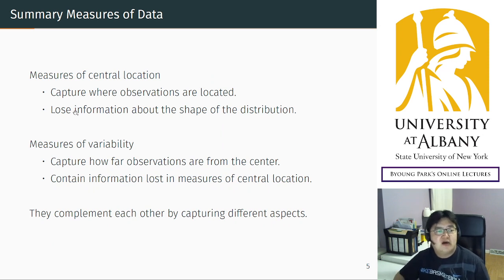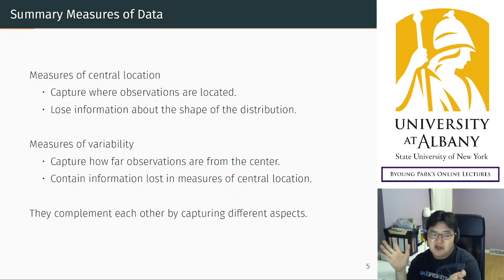So let me contrast the measures of central location and the measures of variability. So the measures of central location capture where observations are located. So it's about what's a typical value or representative value of that data.